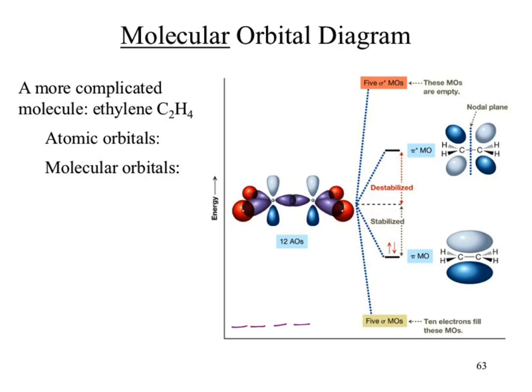1, 2, 3, 4. There's our 5 sigma. Okay. I want to know where the electrons are in this molecule. Well, do I know how many electrons I started with? Do I know what atom I started with? Okay, what atom did I start with?